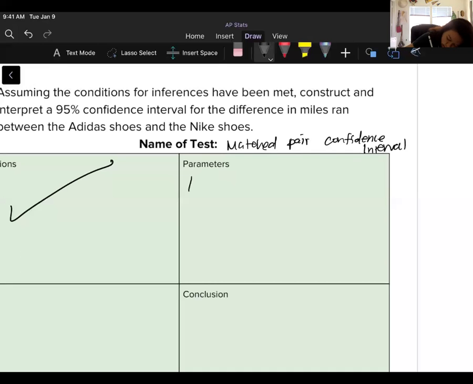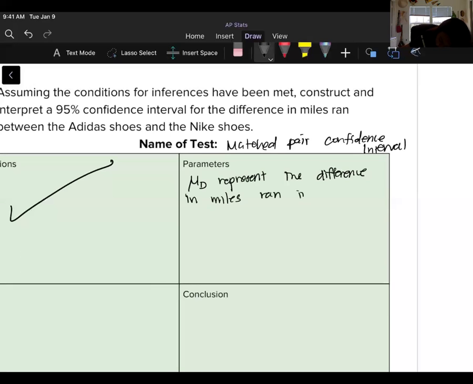So here we're going to use mu d, which means mu difference, represents the difference in miles ran in 30 minutes between the Adidas and Nike shoes.